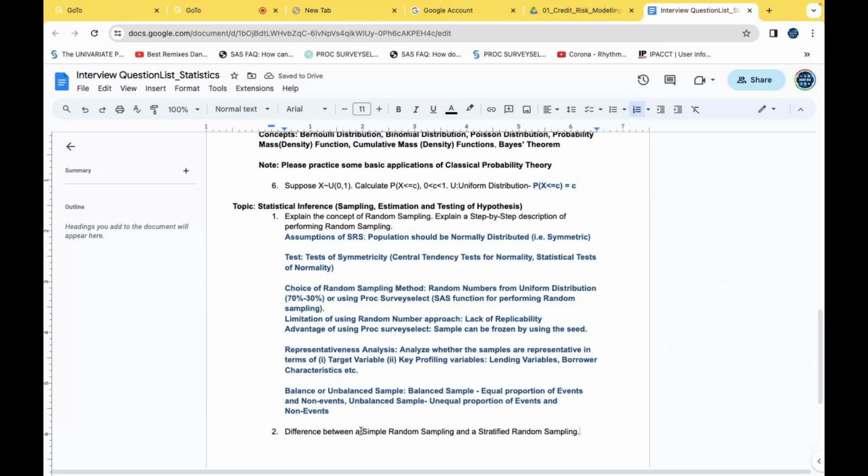Let me frame this question in this manner: when would you prefer a stratified random sampling over a simple random sampling?